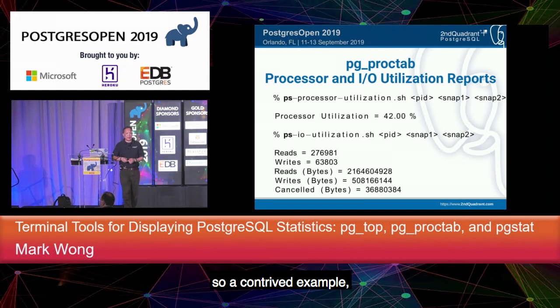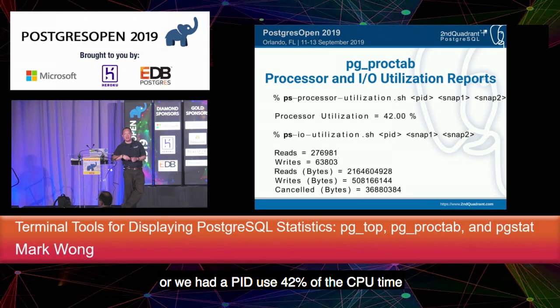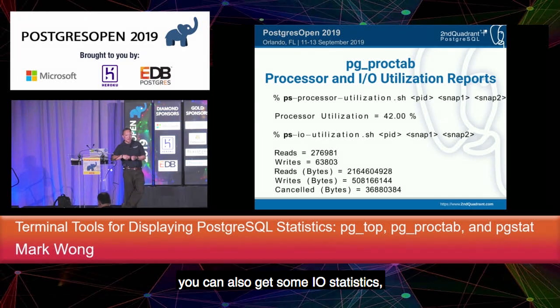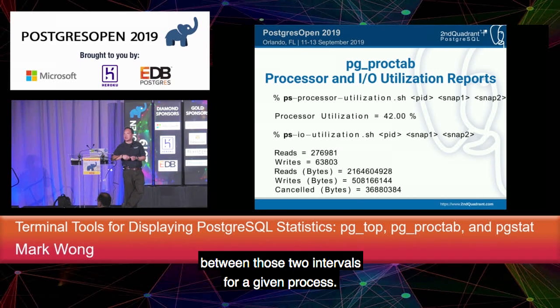So, a contrived example, we had a PID use 42% of the CPU time in whatever interval that you've collected data over. You can also get some I/O statistics, how many read IOPS, write IOPS, the number of bytes read and written between those two intervals for a given process.